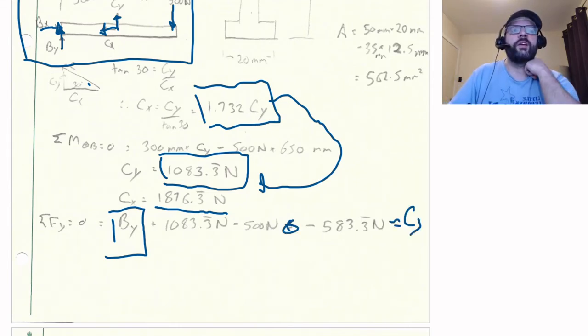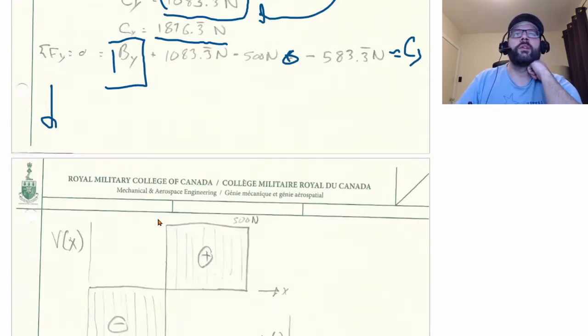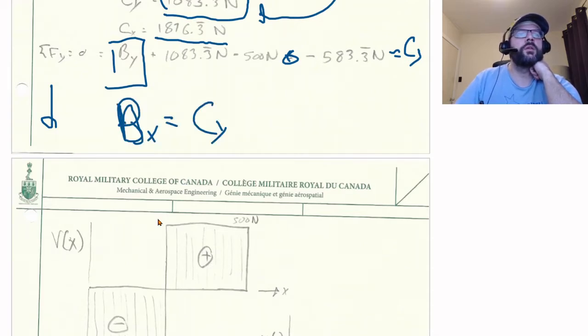So that one's actually acting downwards. And then obviously Bx is equal to Cx because those are the only two forces. Bx is equal to Cx.